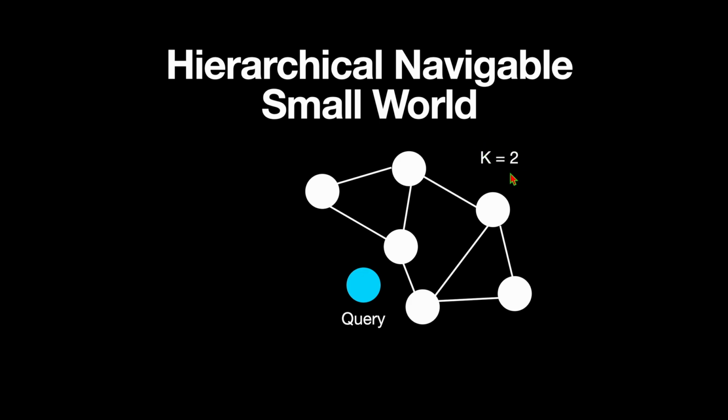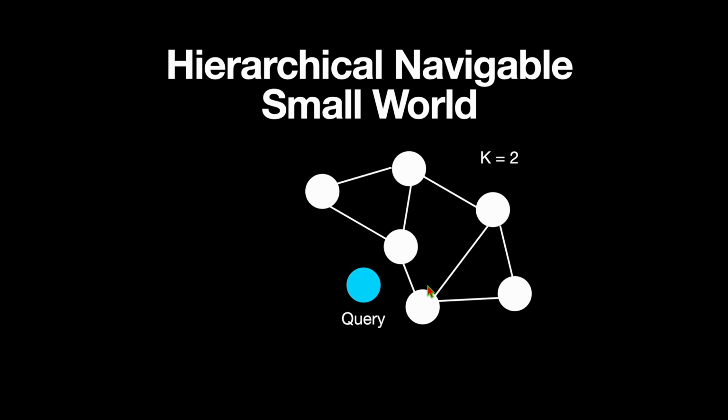Let's say k is 2. So what we will do is we start with this document and we look for two documents that are very similar to this one. In this case, these two are similar, so we link them together. We progress on to this document and look for two more documents in the DB which are very similar to that, and we link them.